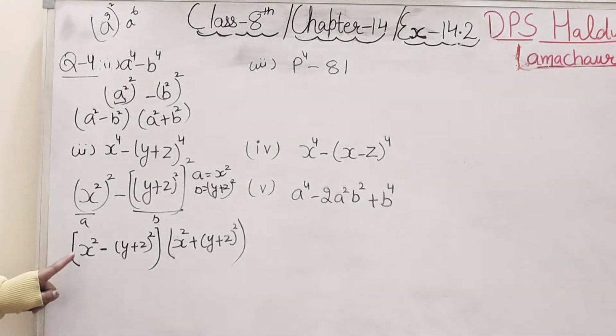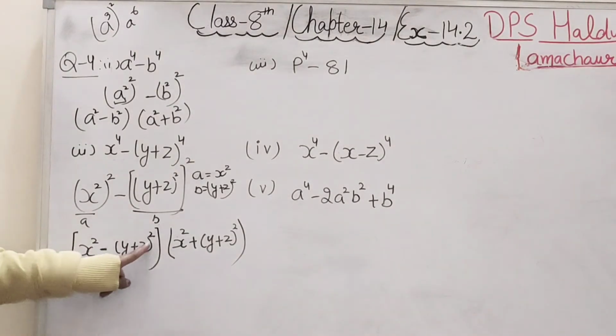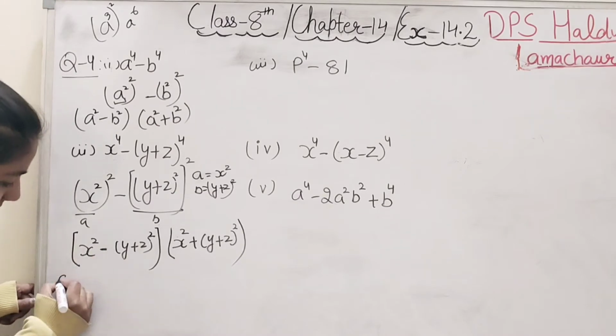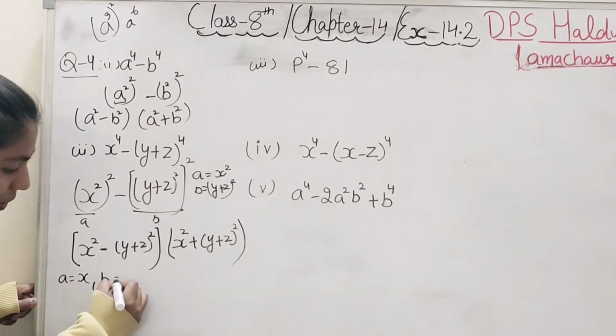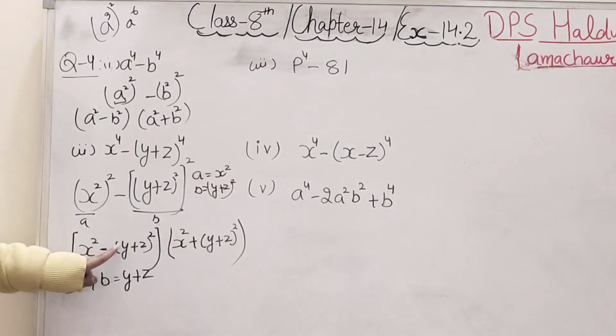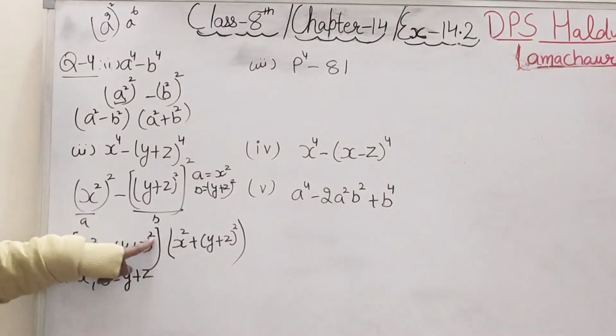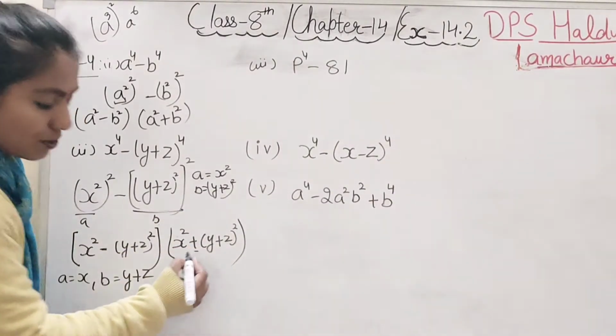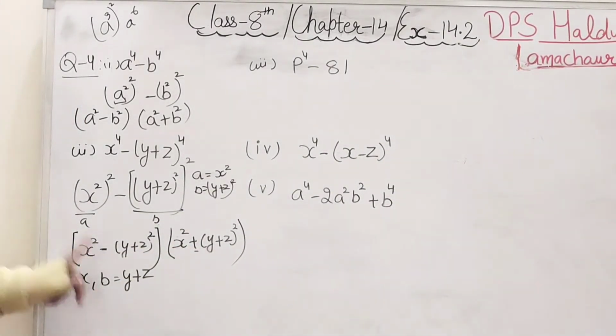Now, you can see a square minus b square. Again one formula is being made, because now here a is x and b is y plus z. Right? Because a square minus b square. So again the formula a minus b, a plus b. Here we can't do it because here is plus. So plus ka koi formula nahi hota hai. Minus ka formula hota hai.